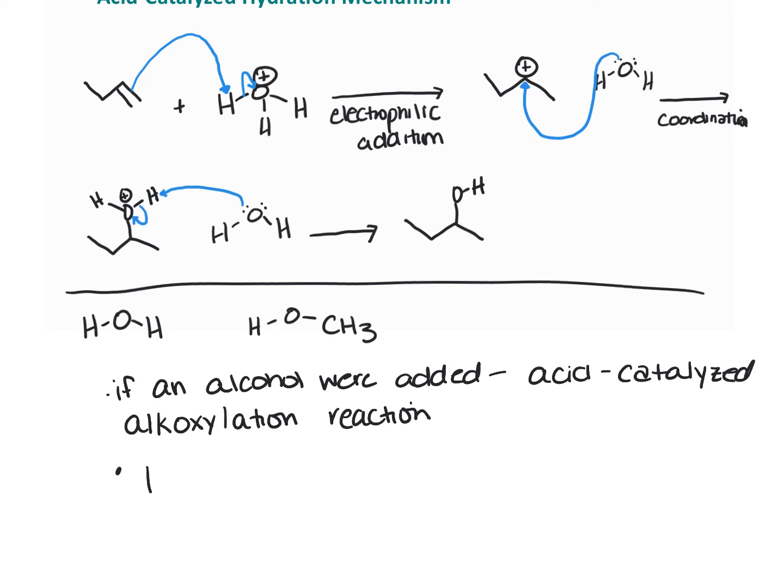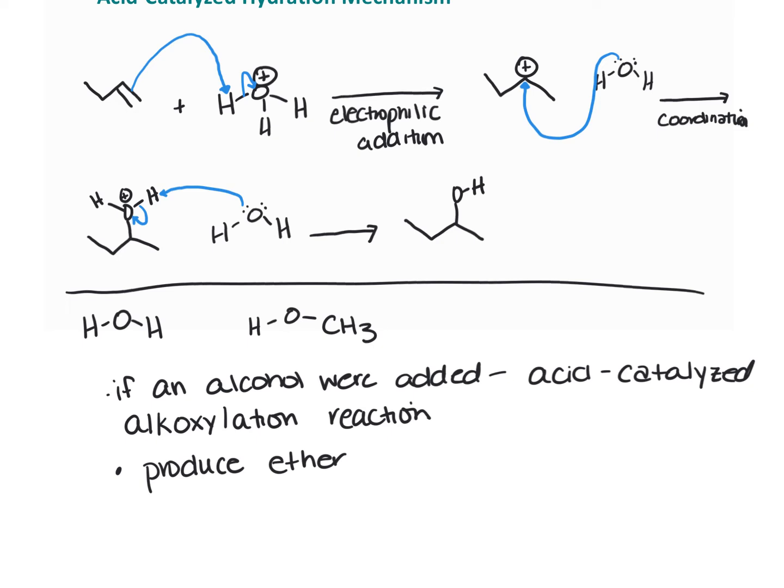This, if you add an alcohol, will produce an ether, right? Because when you add, if this is an alcohol, right, so just change this out for CH3. When you add that, instead of this hydrogen here, you have some sort of R group, and so you have produced an ether. So that's also a way that we can have a functional group transformation from a double bond to an ether is by adding an alcohol.